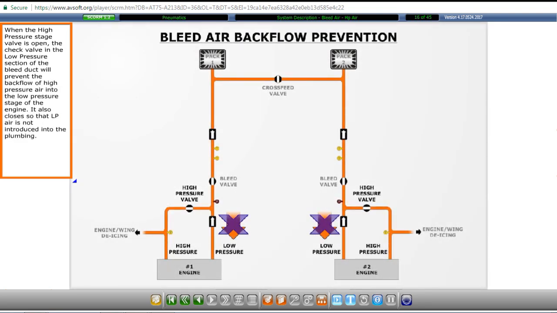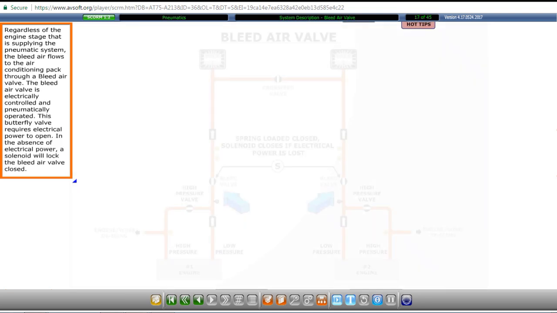When the high-pressure stage valve is open, the check valve in the low-pressure section of the bleed duct will prevent the backflow of high-pressure air into the low-pressure stage of the engine. It also closes so that low-pressure air is not introduced into the plumbing.